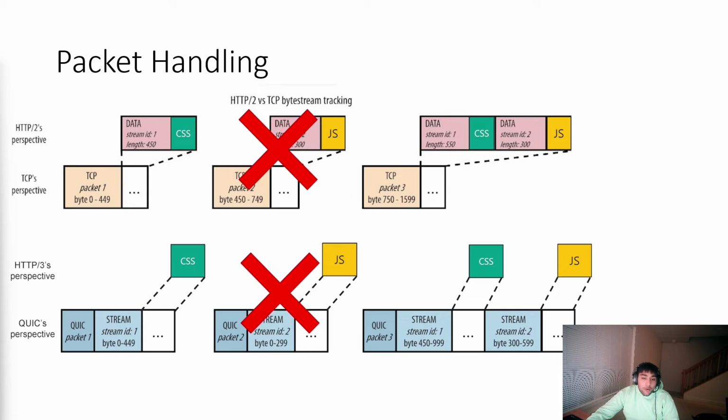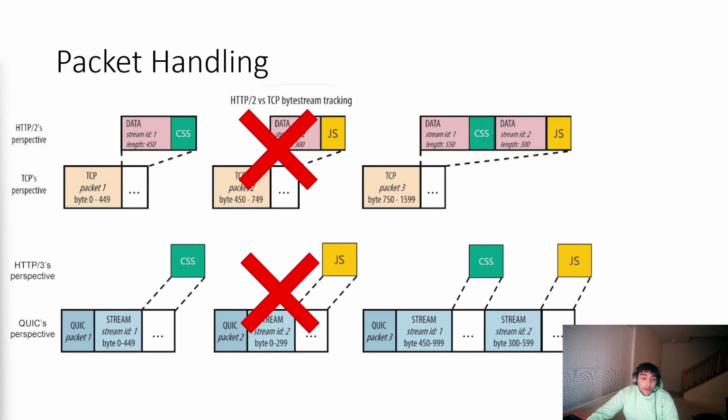TCP thinks it's only sending one file. It only has one byte range there. And so it loses the full byte range 450 to 749. It doesn't know any data after that might be independent from the center packet. And so what it has to do is be conservative. It knows that the center packet is lost.